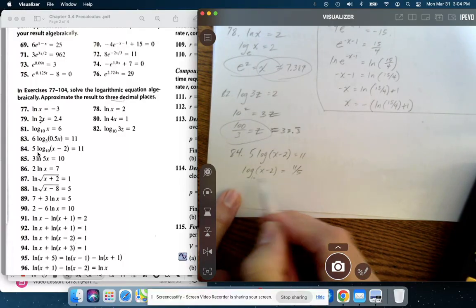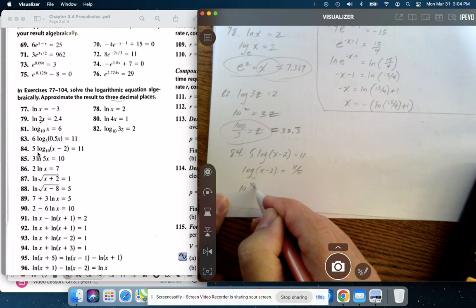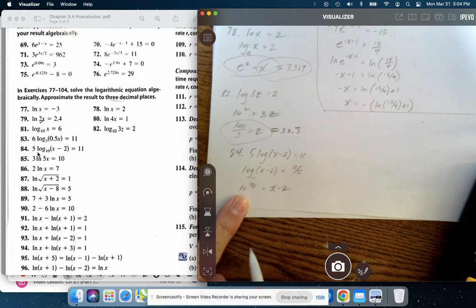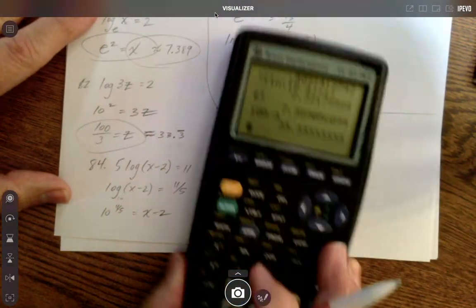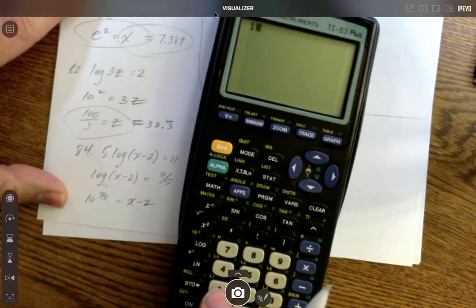Now that's base 10, so 10 raised to the 11/5 is equal to x minus 2. 10 to the 11/5. And then I'll add 2 to that.